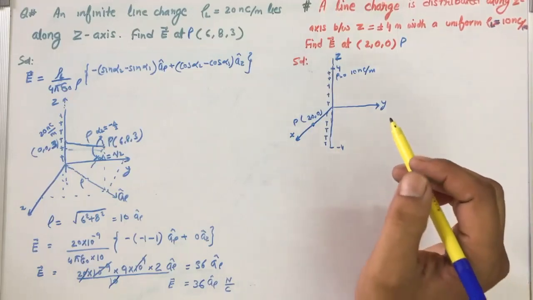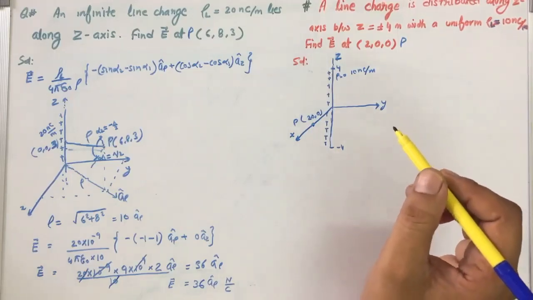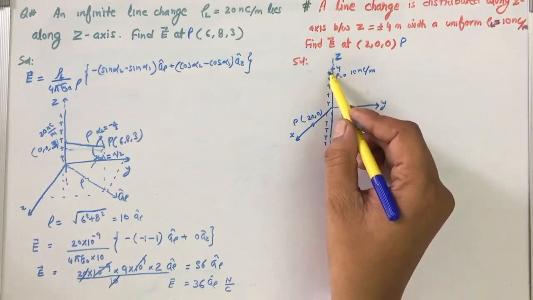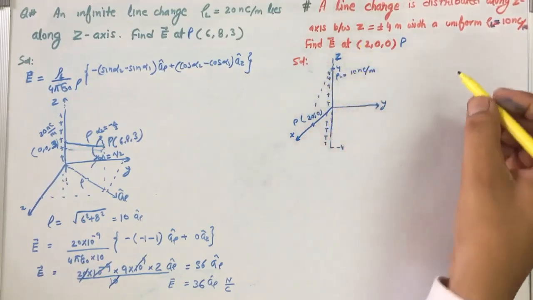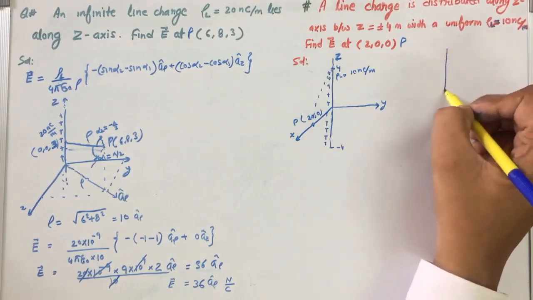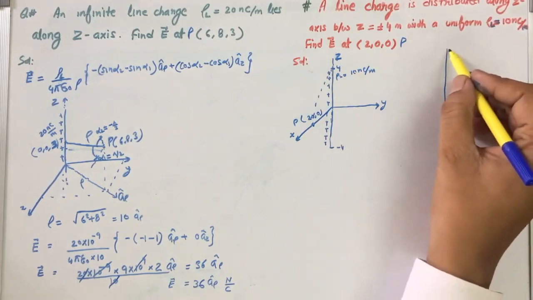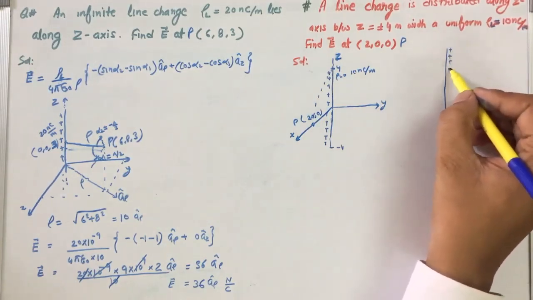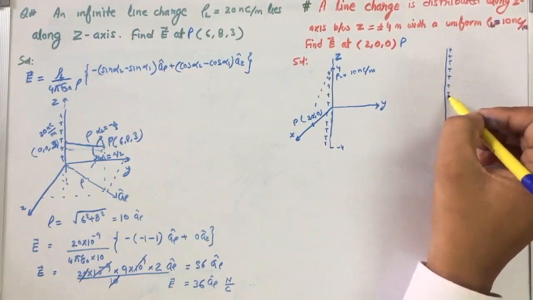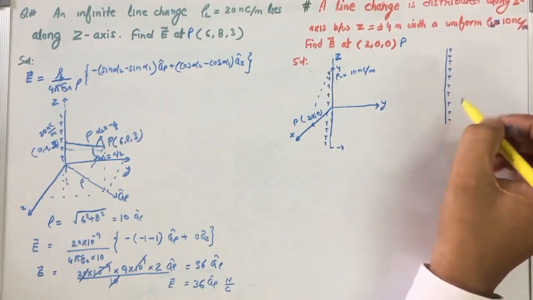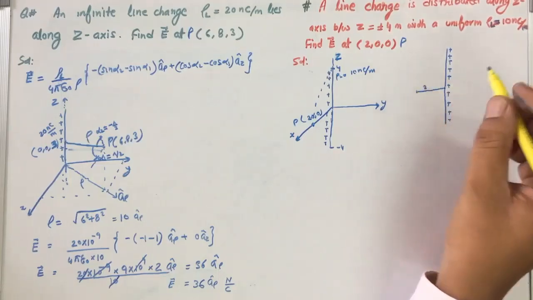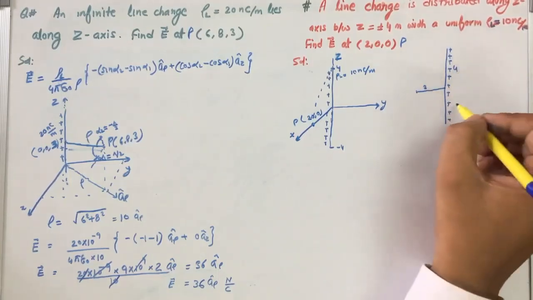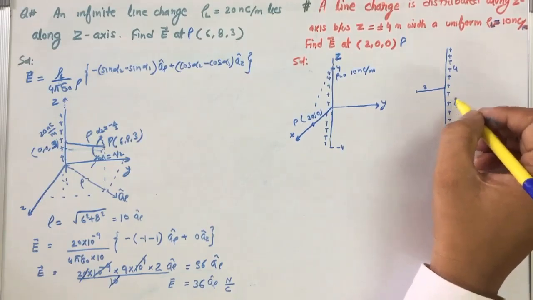So let us make the image more clear. This is our charge, and here is x at a length of 2 units. This is 4 units, and length is always positive, so 4 units.